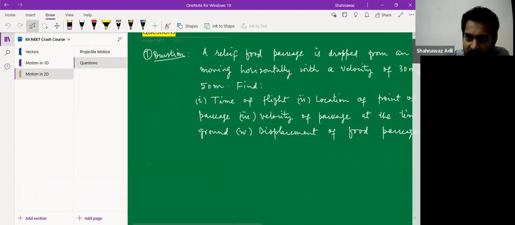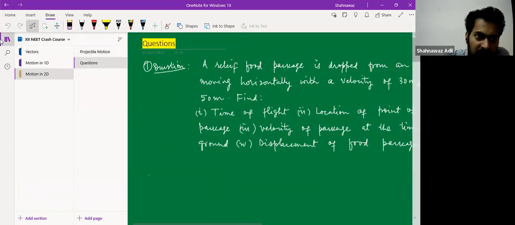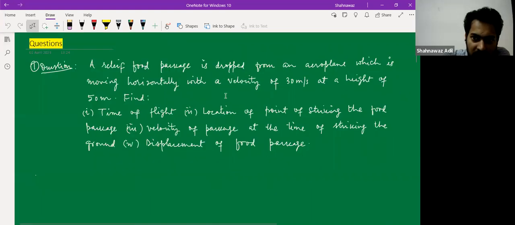So this is a question. Okay. A relief food package is dropped from an aeroplane which is moving horizontally with a velocity of 30 meters per second. So this is what? Chat, one chat.